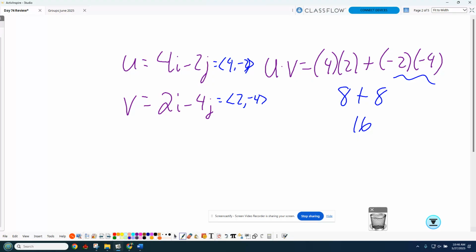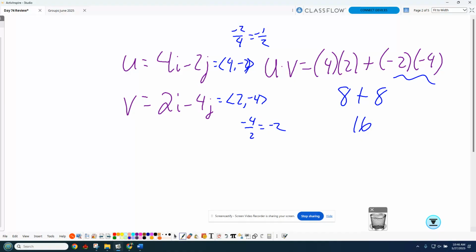Other questions from the quiz or the test? Because these guys are not parallel either. If we do y over x and y over x, they're different slopes.